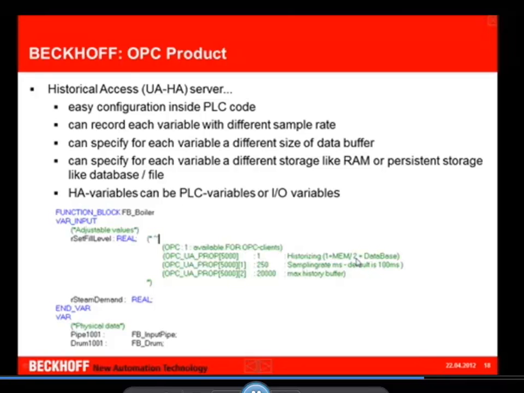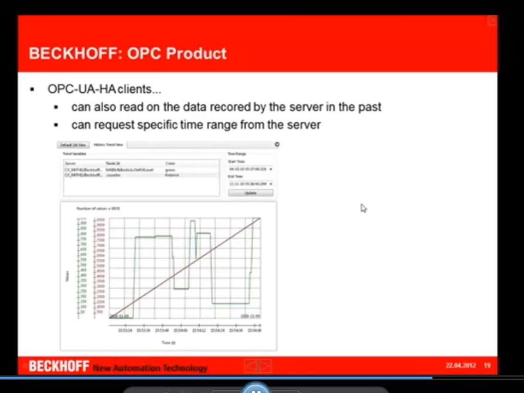So you can even do a power cycle, and after the power cycle all variables are still available, which means a UA historical access client can also read the data and the record sets from the server of the history. You can provide a specific time frame and request the data of a specific time range from the server.